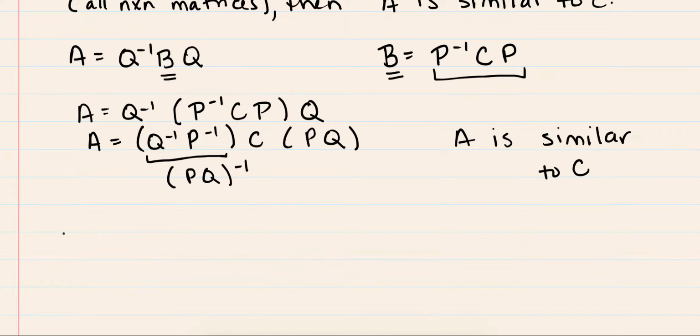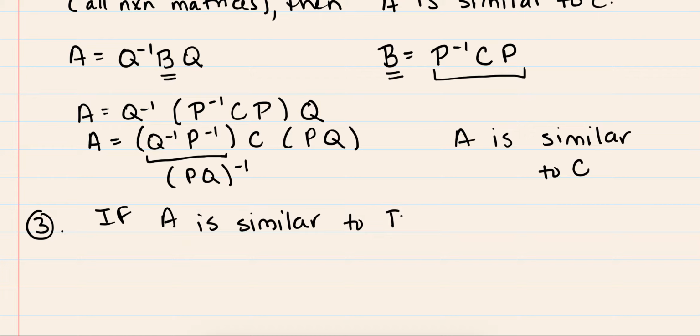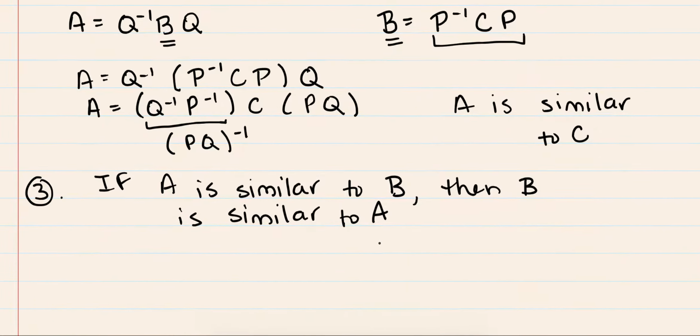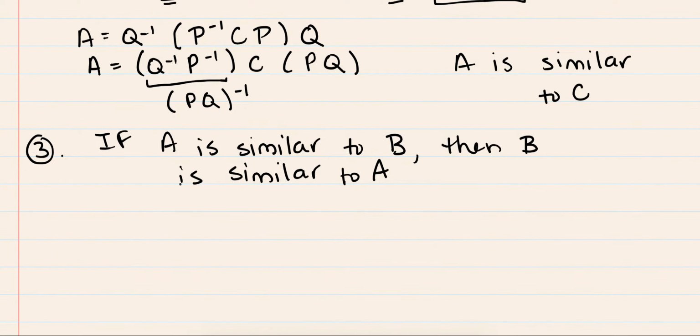We also have the property that if A is similar to B, then B is similar to A. Why is that?